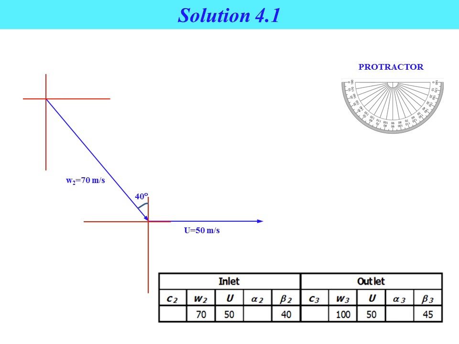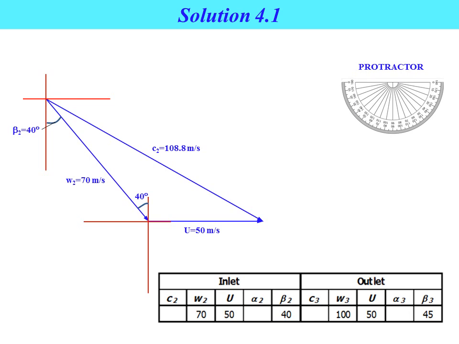If you measure the angle at the initial point of W2, you will get the same value, which is beta 2 equal to 40 degree. Based on the vector concept, if you add the W2 and U vectors, you will get the resultant vector for the velocity diagram at the inlet, where the resultant vector represents C2, the absolute velocity vector.